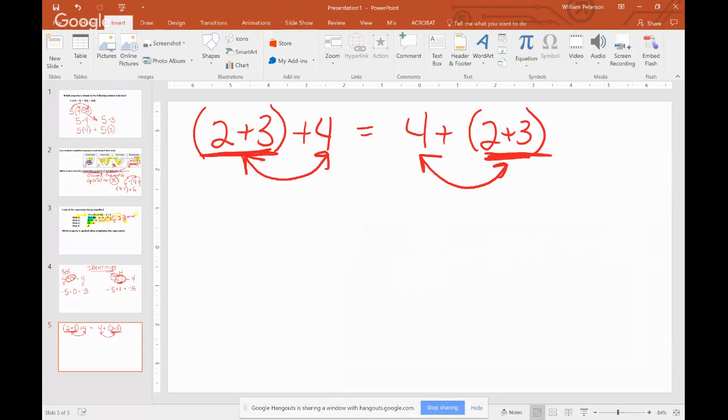So if they switch order, I have a commutative property. The way you know if it's addition or multiplication is the sign in between the switch. So this is the commutative property of addition.